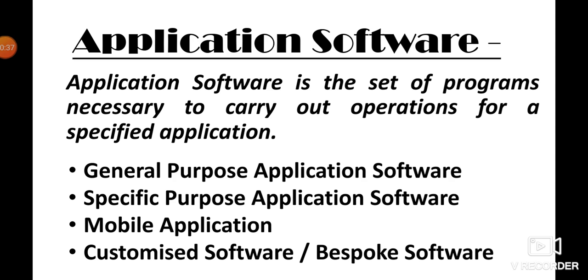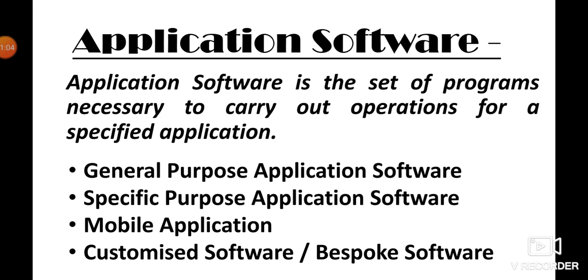See, while explaining the types of software, I have told you a definition of application software. If you remember, I told you that application software is the set of programs necessary to carry out operations for a specified application. Means these software are designed to perform a specific task related to a particular application.